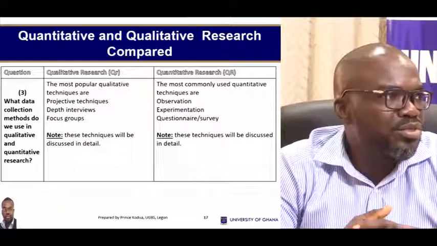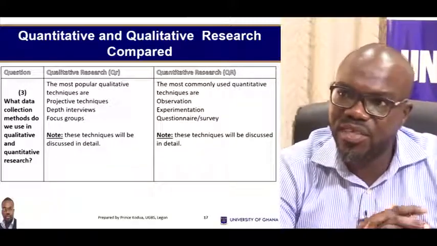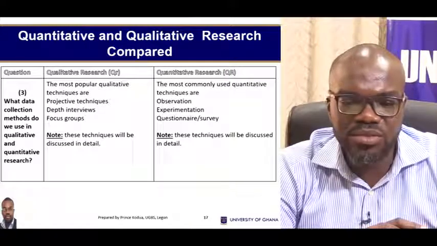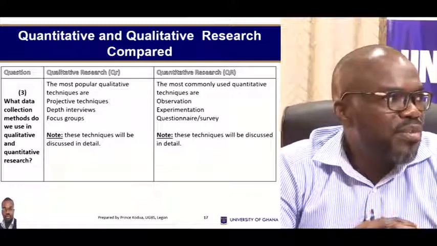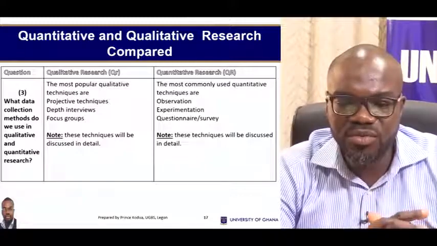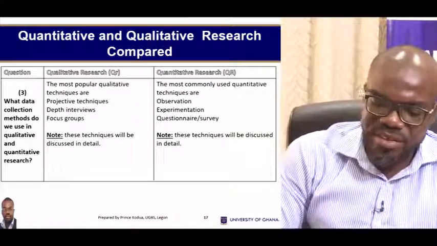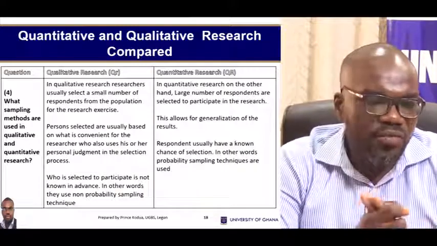We may also use focus groups in eliciting qualitative data. For quantitative, we tend to rely on observation. We may do experimentation. We may make use of questionnaires or surveys.